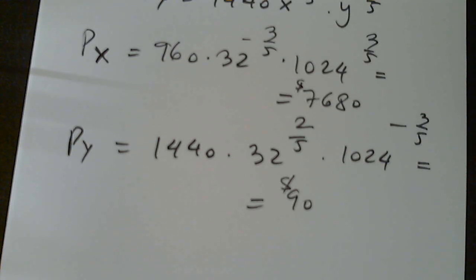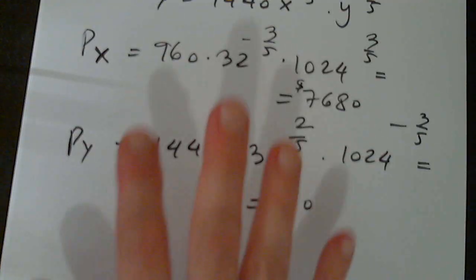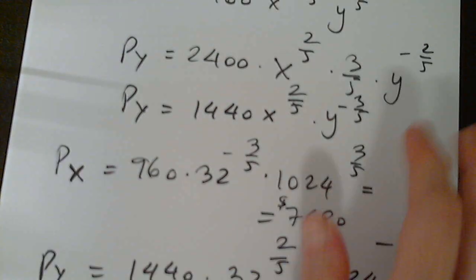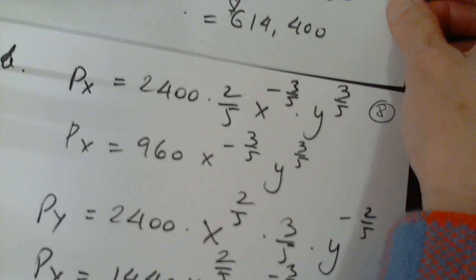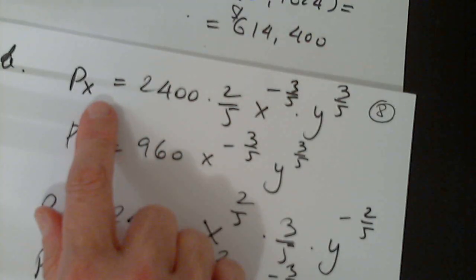I have a question. Yes. For part B, for the Py, shouldn't it be negative 2/5, not negative 3/5 for the y? Let's take a look. So the Px is okay?